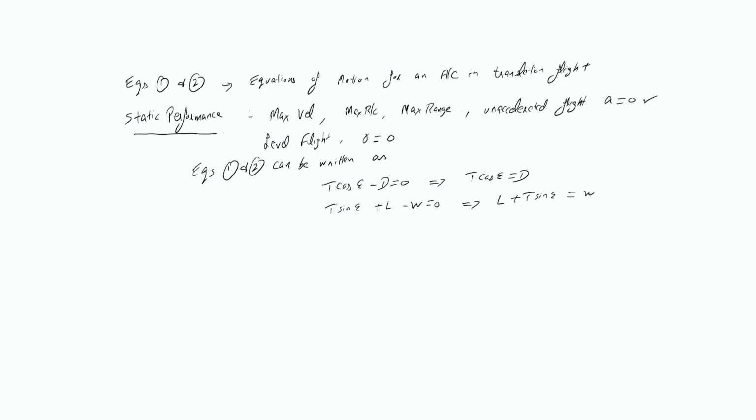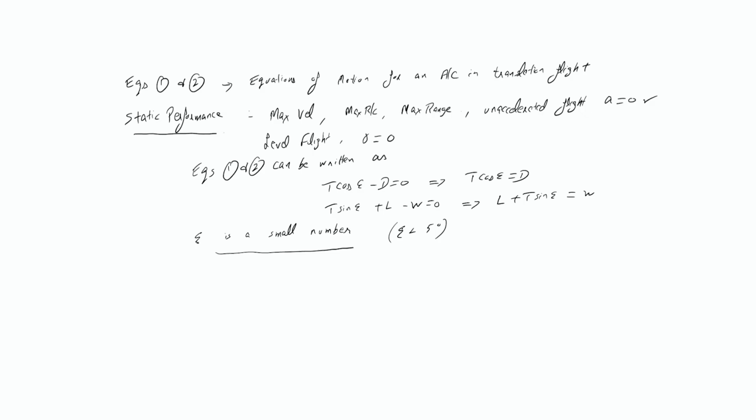Alright. Practically speaking, this epsilon is actually a small number. The thrust is offset by an angle epsilon with respect to velocity, but this offset is small, approximately epsilon less than 5 degrees.